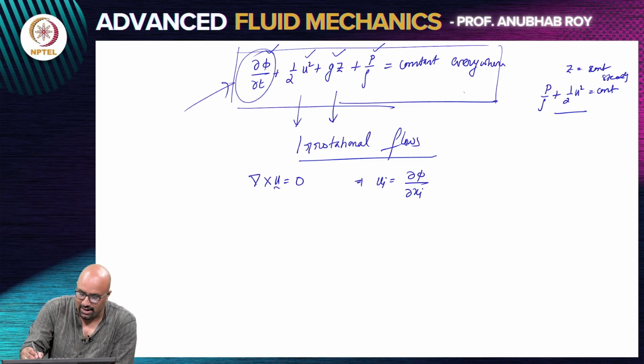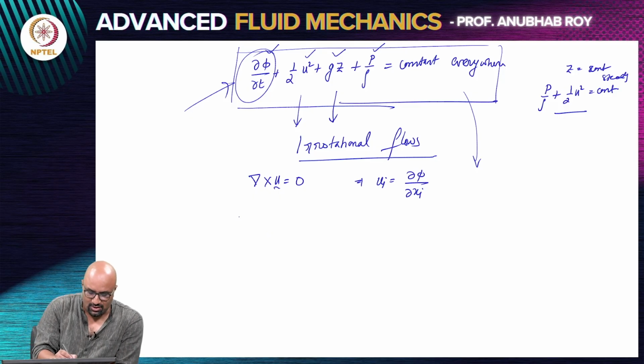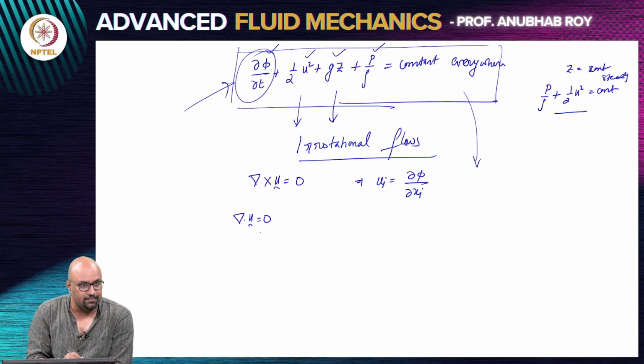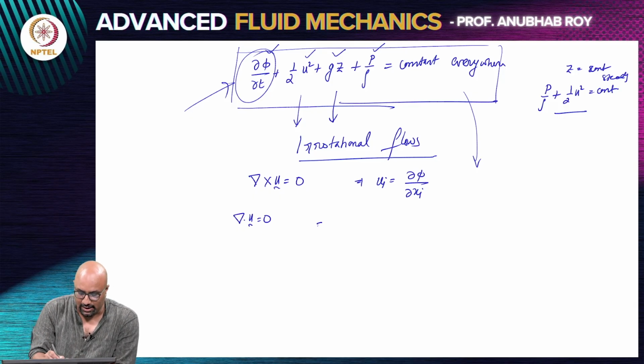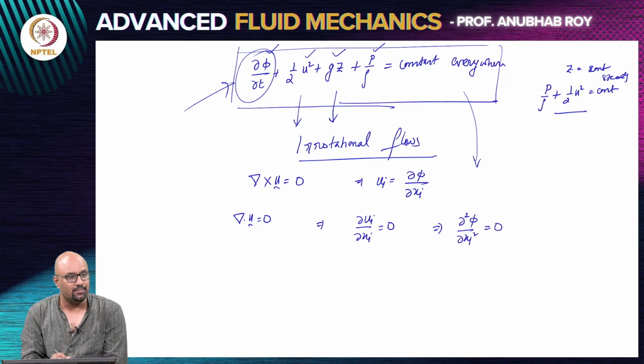And there is a relation where pressure now gets related to velocity. Now, if the flow is also incompressible, so if divergence of u is equal to 0, then ∂u_i/∂x_i is equal to 0, which implies ∂²φ/∂x_i² is equal to 0.